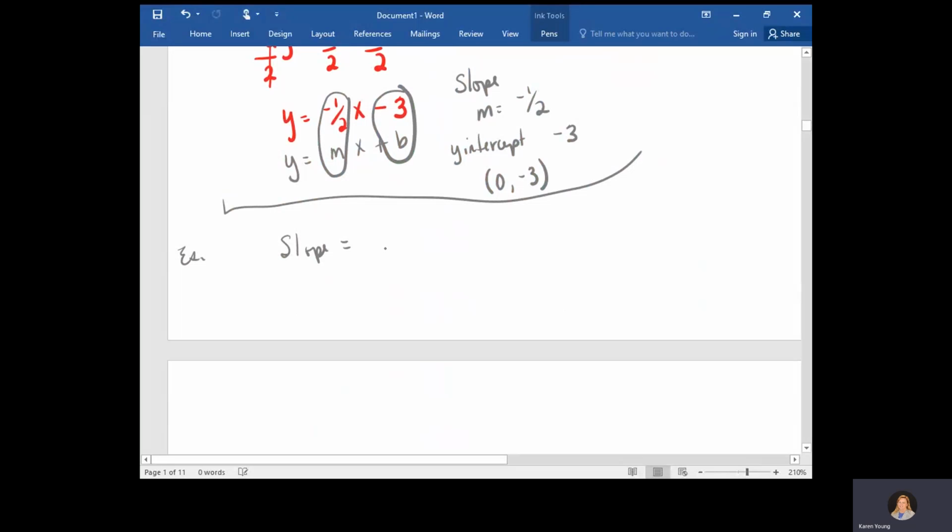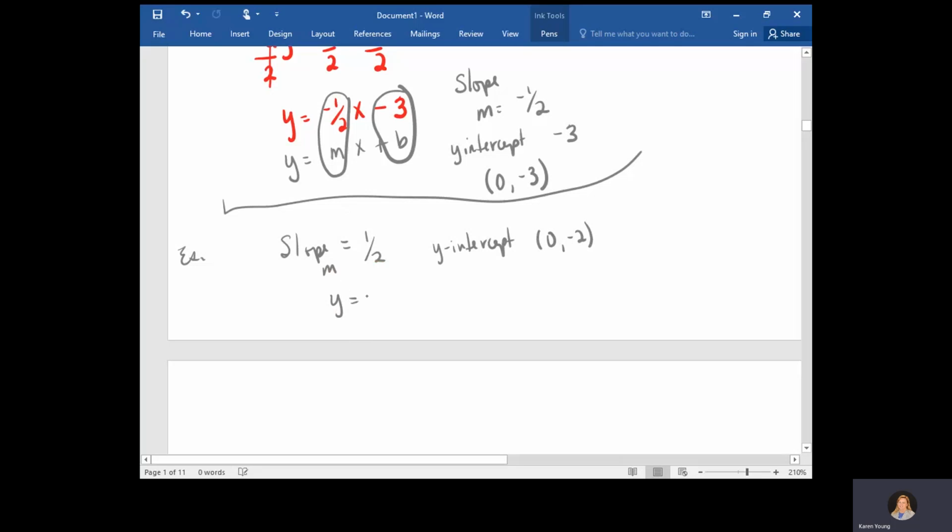Tell you the slope equals 1/2, and the y-intercept is 0 and -2. Okay. So remember, my slope is always M.